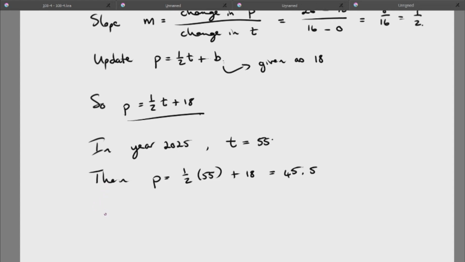Where's my? Stop erasing. There it is. In 2025, the function predicts 45.5 million people.